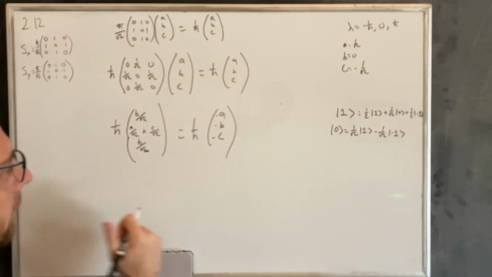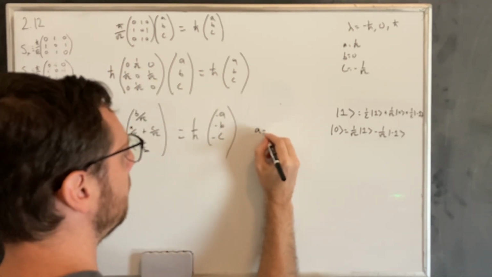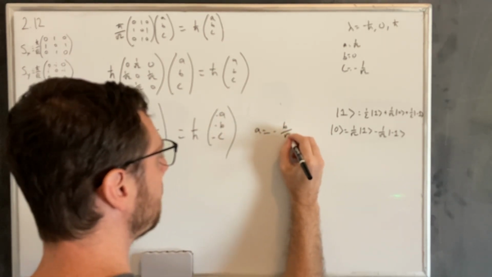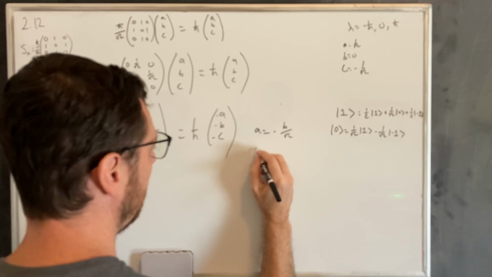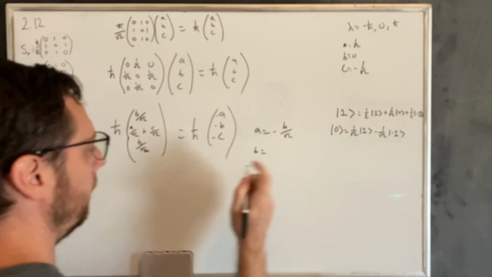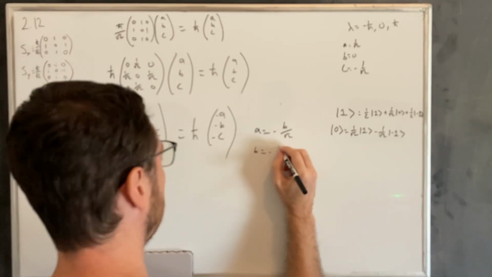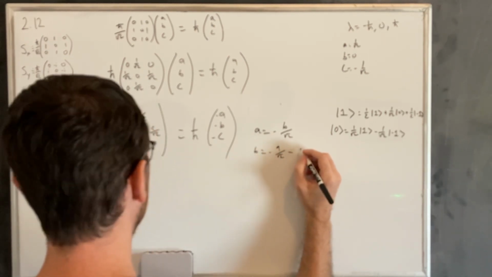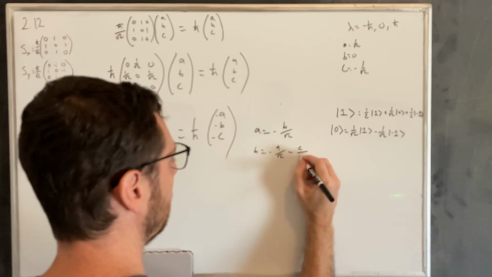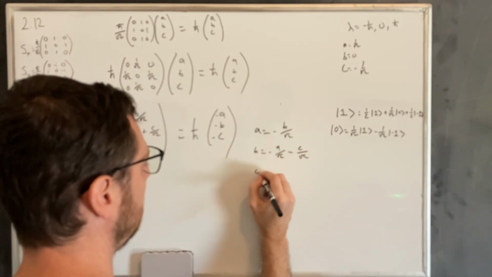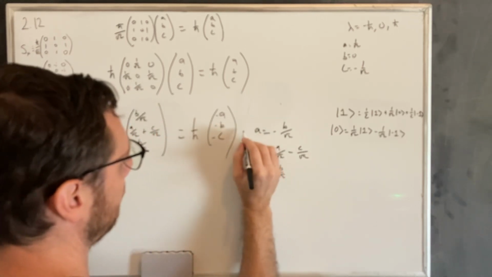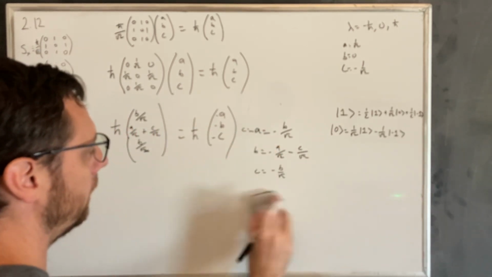So a is equal to negative b over root 2. B is going to equal negative a over root 2 minus c over root 2, don't forget to distribute the negative. And c is equal to negative b over root 2, which is the same here.